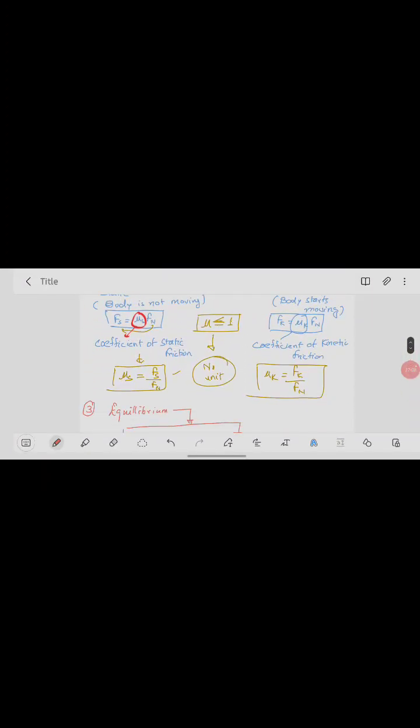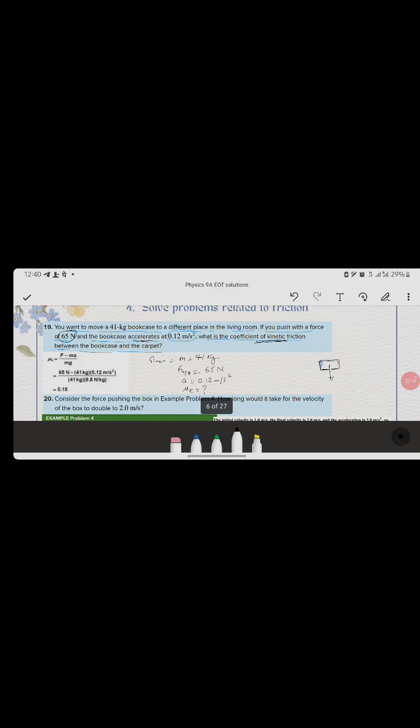The formula of mu k is Fk over Fn, yes or no? So you have to apply the same formula. You know that mu k equals Fk over Fn. So you need to find the normal force as well as the kinetic friction force in this situation.